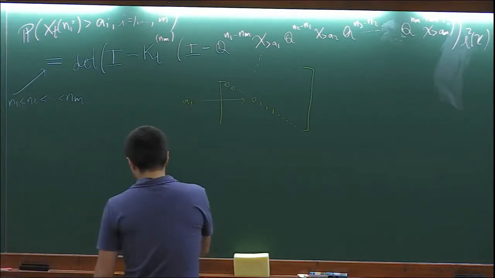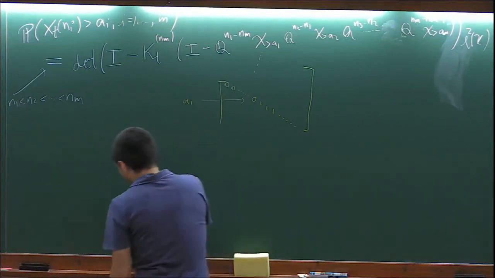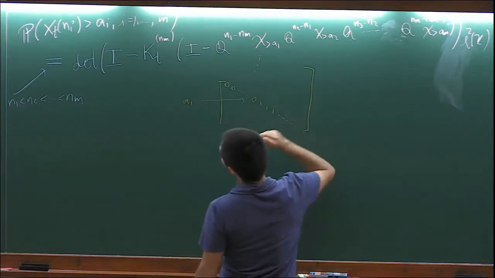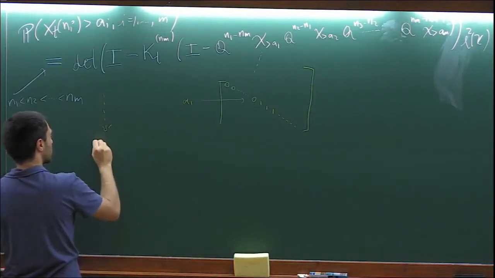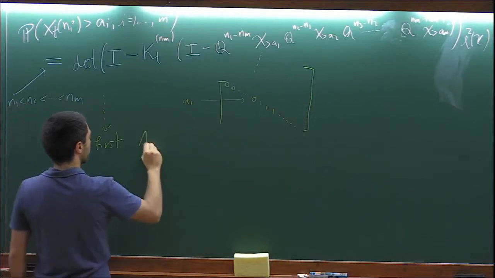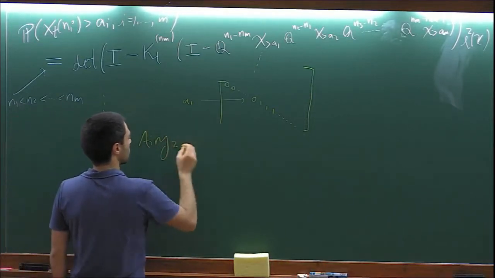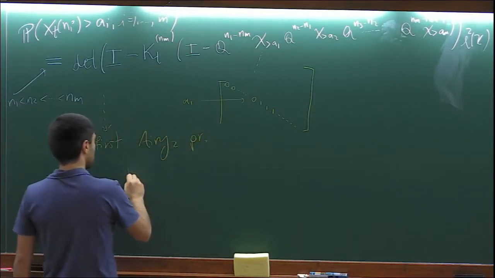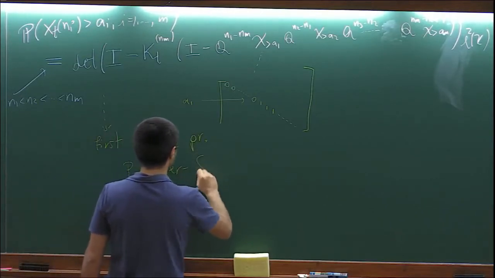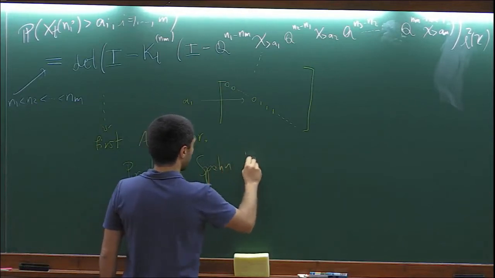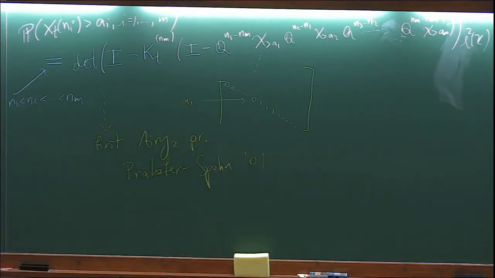This type of formula was derived first for the Airy 2 process. This is in the paper of Prähofer and Spohn, where they introduced this process. If I remember correctly, that's 2001 or so. Actually, this is how they derived the Airy 2 process.